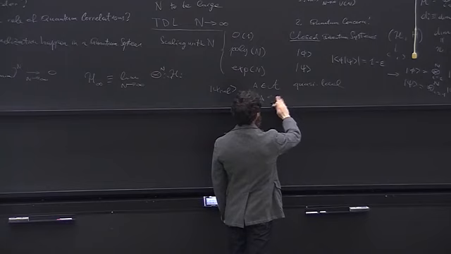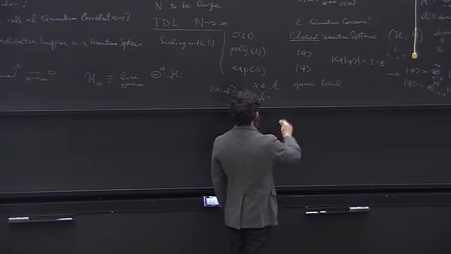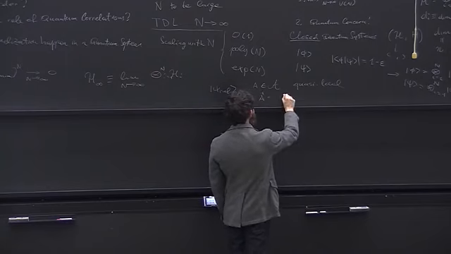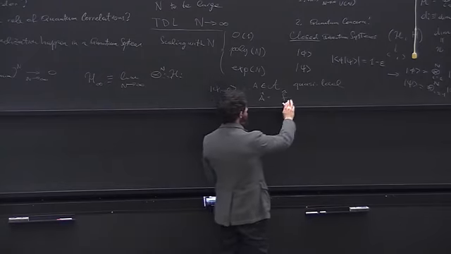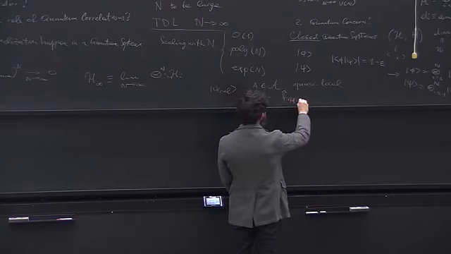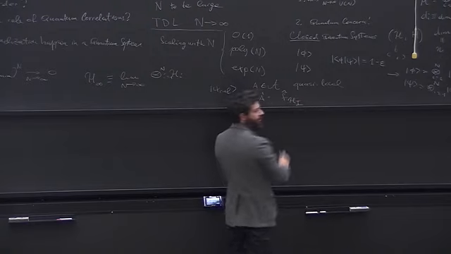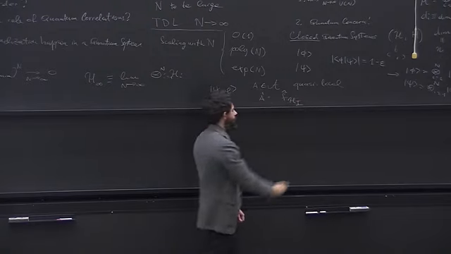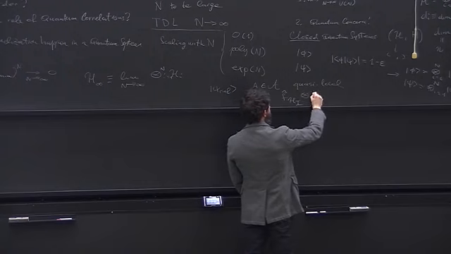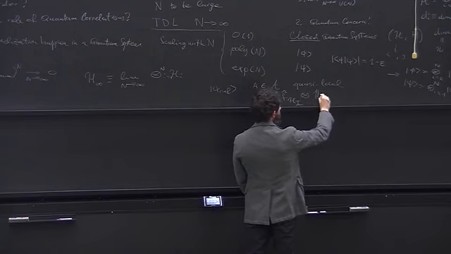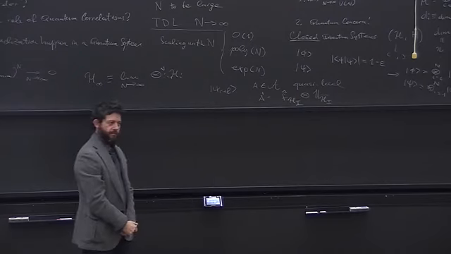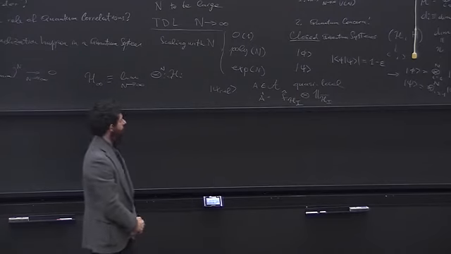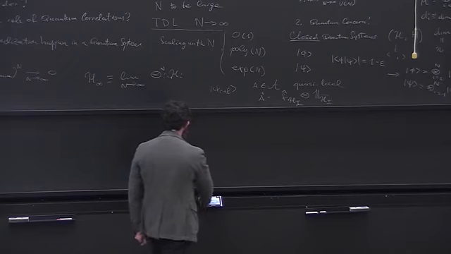Let me first say where it acts not like the identity. It acts like some operator, let me call it F, on the Hilbert space Hi, and like the identity on the complement of this Hilbert space. So what do I mean by this?